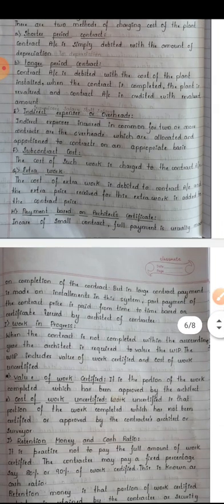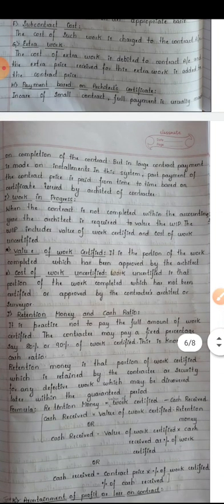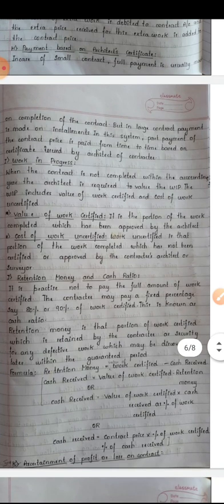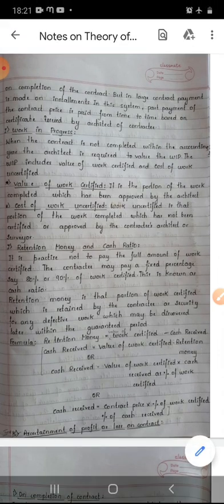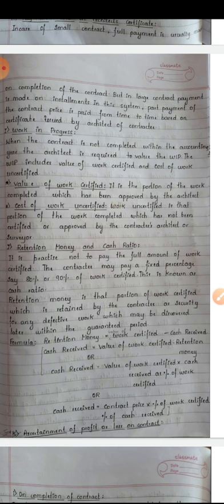Next, work in progress. When the contract is not completed within the accounting year, the architect is required to value the work in progress. The work in progress includes the value of work certified and the cost of work uncertified. This is one of the important things under contract work. If the contract is completed within the accounting period, there is no confusion.